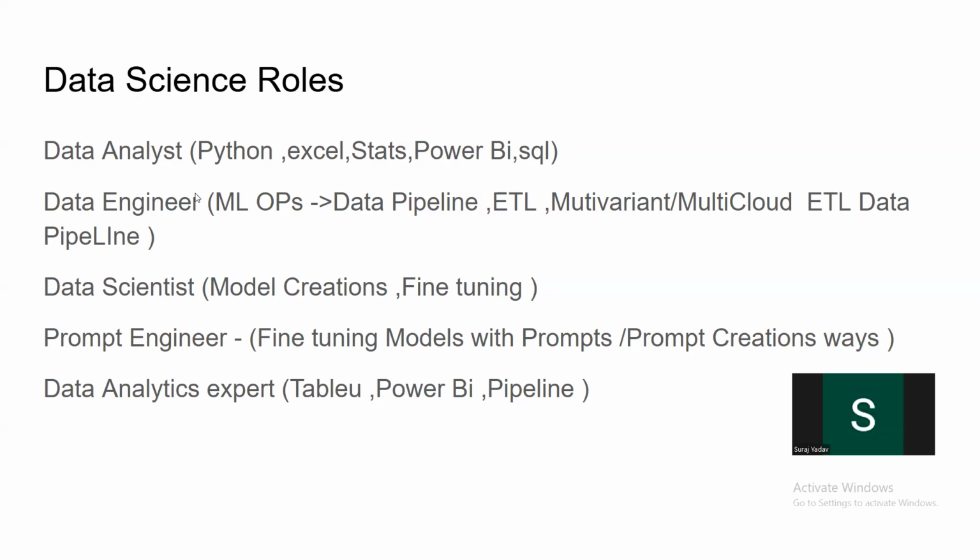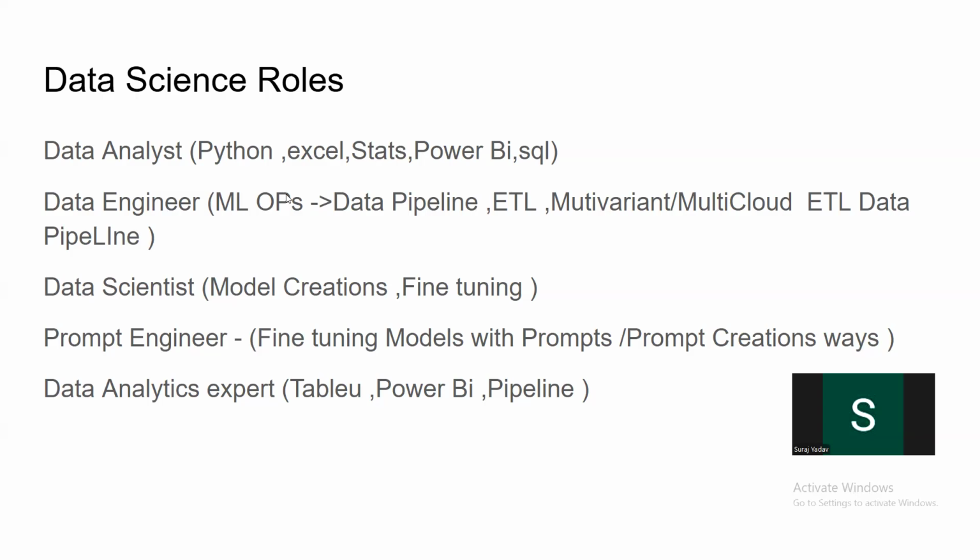Now, the data engineer is the one who will create the data pipeline where the data is coming in and getting stored, so they are basically on ML Ops, machine learning ops. DevOps, also called ML Ops, is with respect to the operations where they create the pipeline on the cloud, working on ETL, where you have data which is not just text but multivariate.